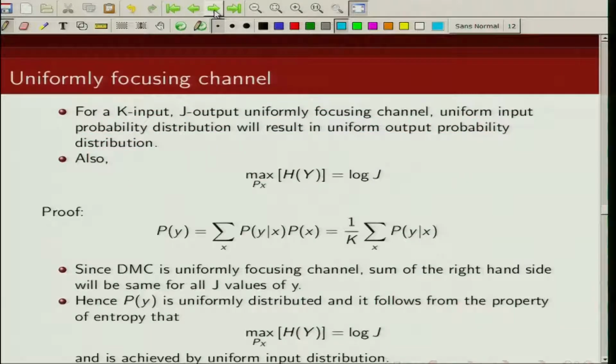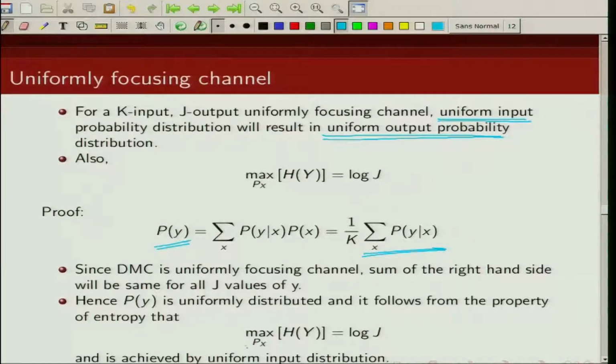So for a uniformly focusing channel, this term is a constant. If this is a constant, then probability of y is a constant. So that's a uniform distribution. So for a uniformly focusing channel, if your input is uniform, then it will induce a uniform output distribution.